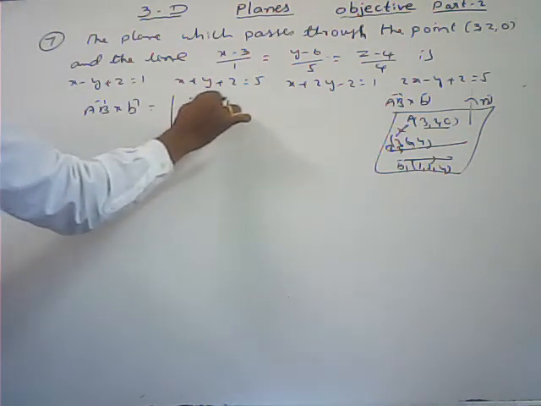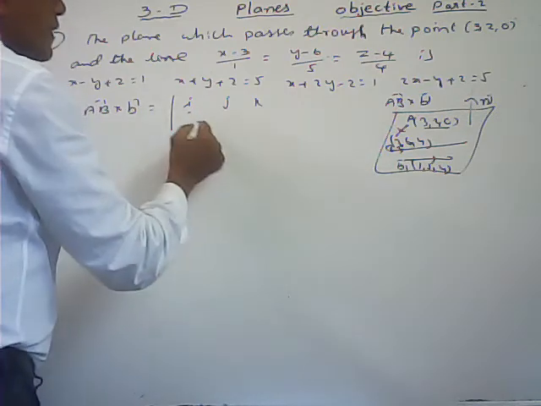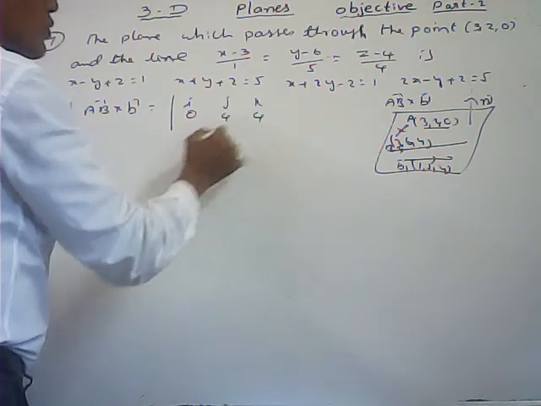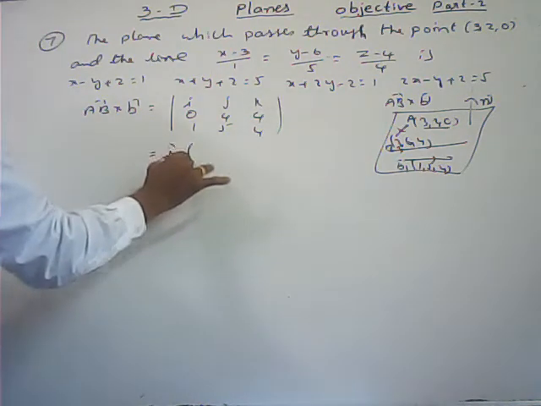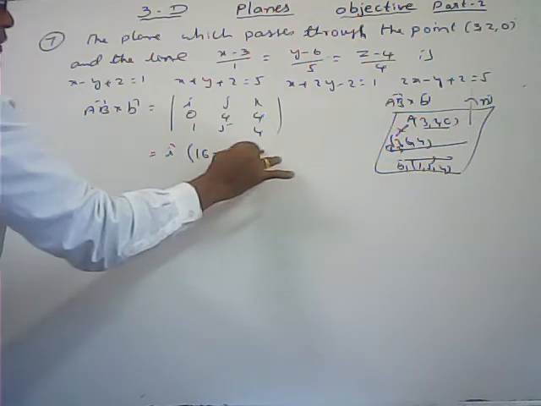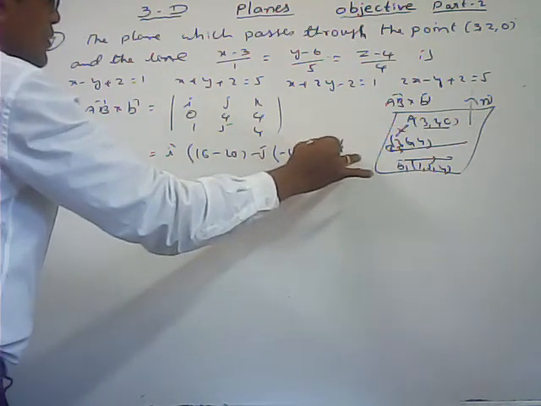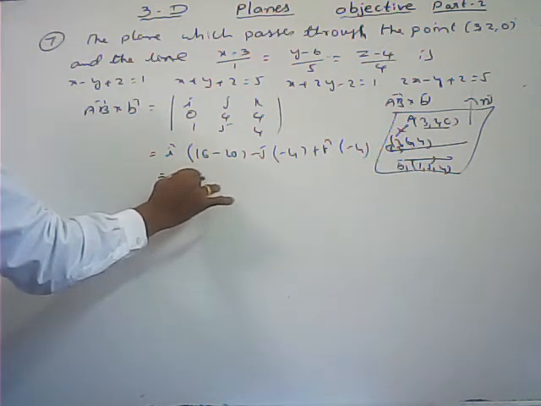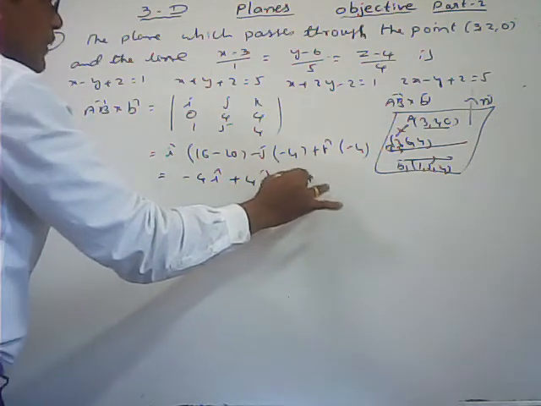I, J, K. AB bar is OB minus OA, 0, 6 minus 2, 4, 4 minus 0, 4. 1, 5, 4. That is equal to I cap (16 minus 20) minus j cap (minus 4) plus k cap (minus 4). That is equal to minus 4 I cap plus 4 j cap minus 4 k cap.